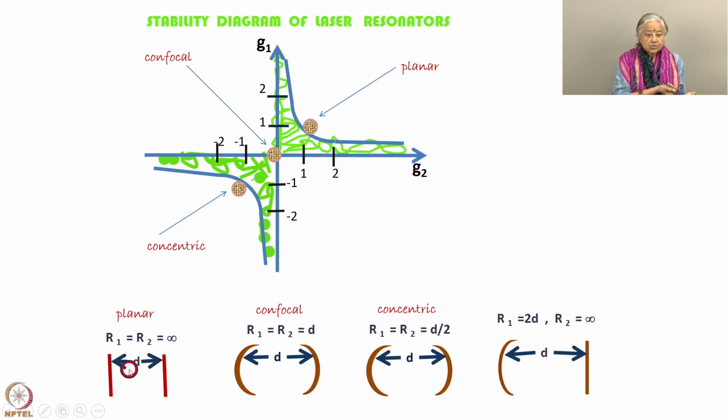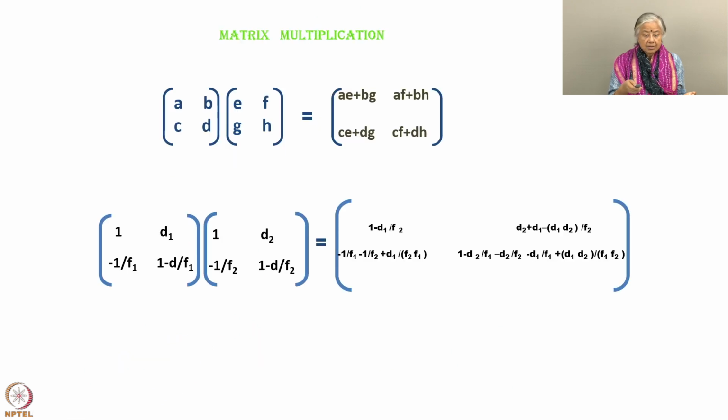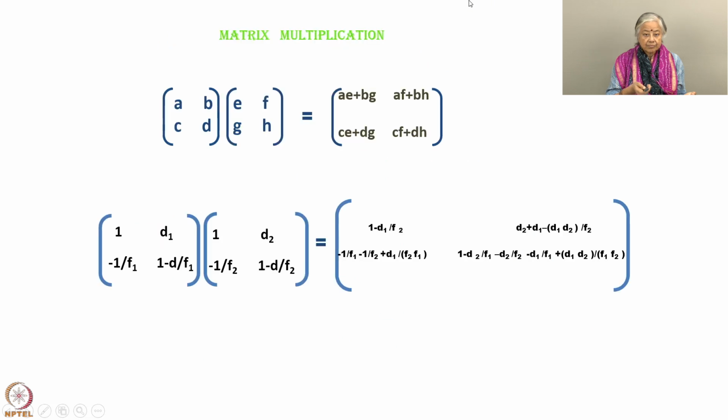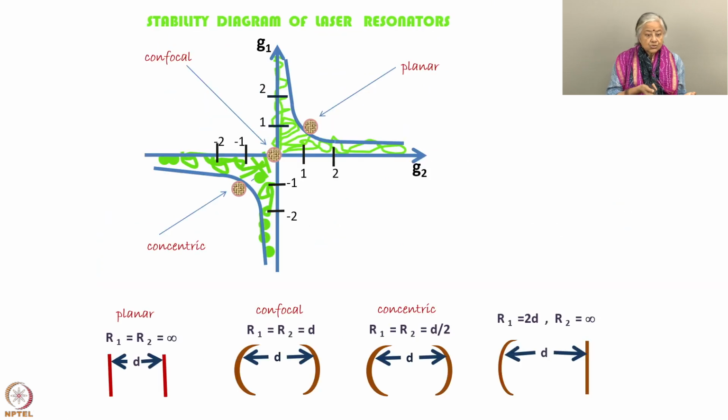You put these values of R1 and R2 into G1 and G2, and you see whether it falls between 0 and 1. In the planar case, it comes to this position where this round circle is shown. It is just about stable, it just falls on this line.